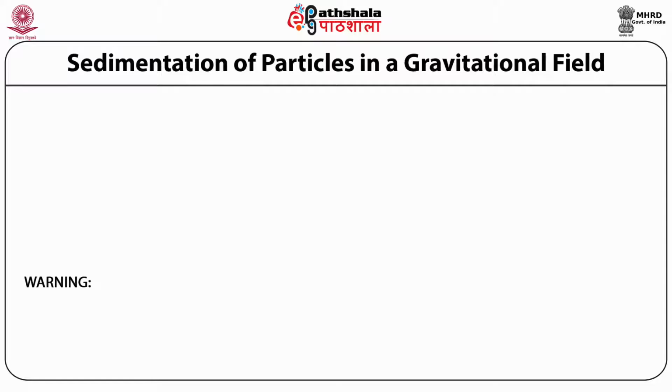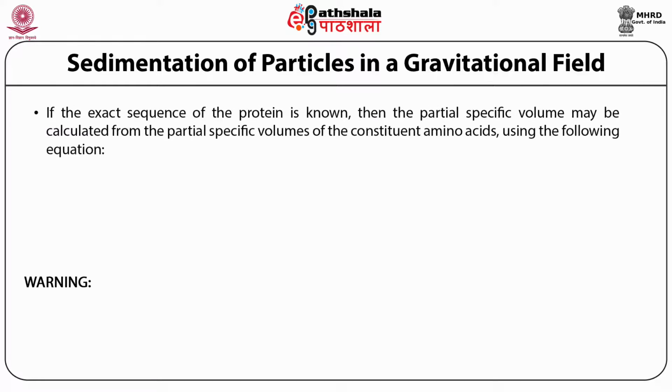So, you know how the partial specific volume of a protein is calculated. Here we are discussing how, if you are given a sequence, you can calculate the partial specific volume of a protein molecule.